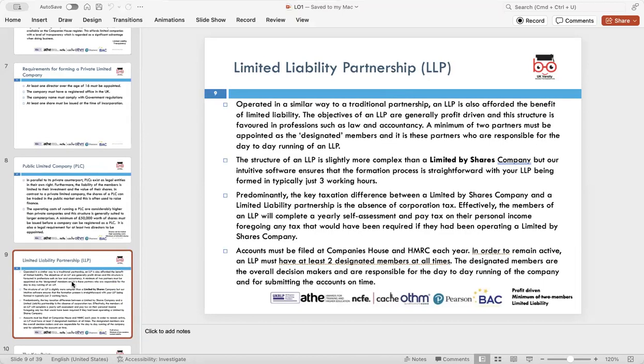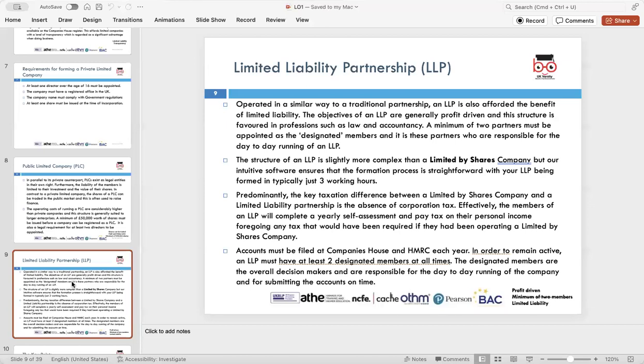In addition to being run in a manner that is analogous to that of a conventional partnership, a limited liability partnership also offers the advantages of limited liability. A limited liability partnership is a business structure that is valued in professions such as law and accounting, since its goals are typically driven by the pursuit of profits.